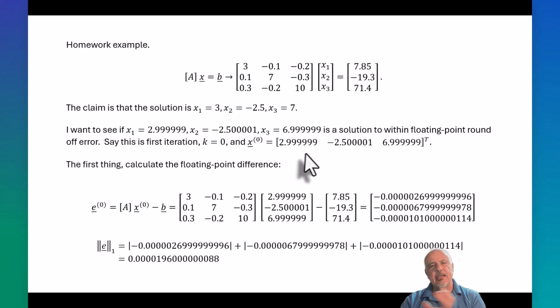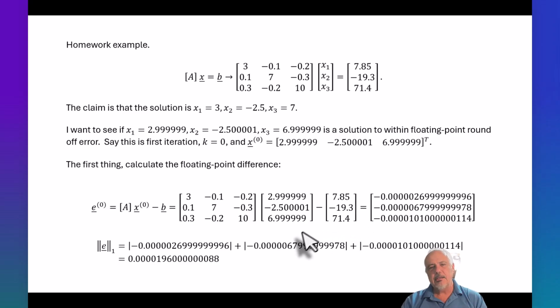Let's say our k iteration counter is 0, so that's really our starting position. The first thing you're going to do is calculate the floating point difference or the error, the E. So that's going to be Ax minus b. There's my A, here's my x at k equals 0, and here's my b.